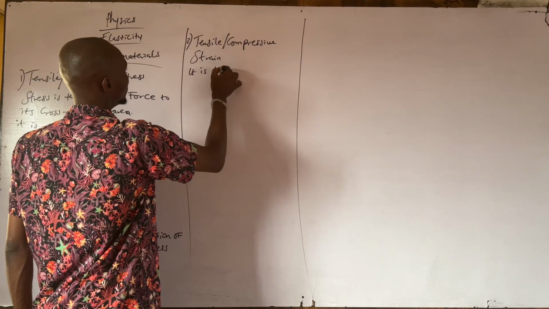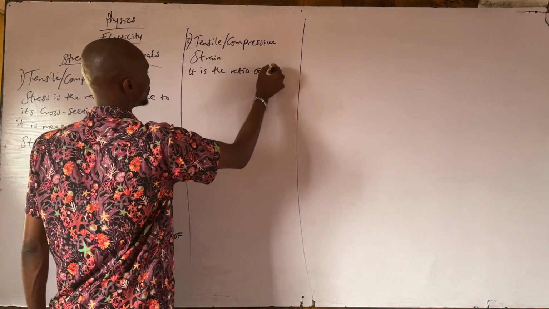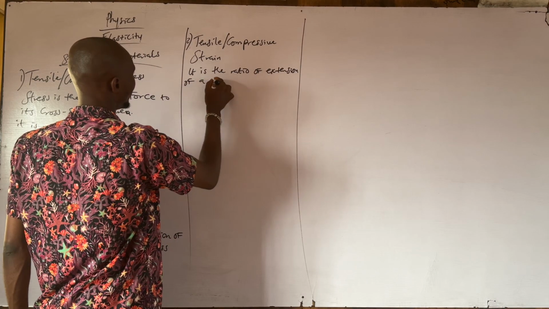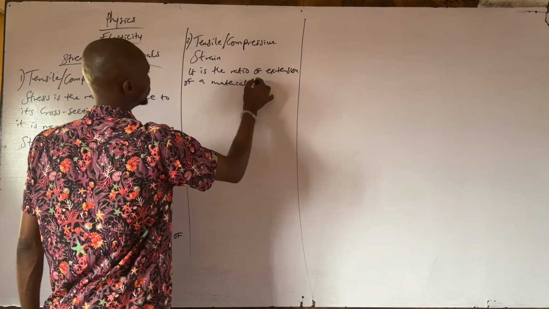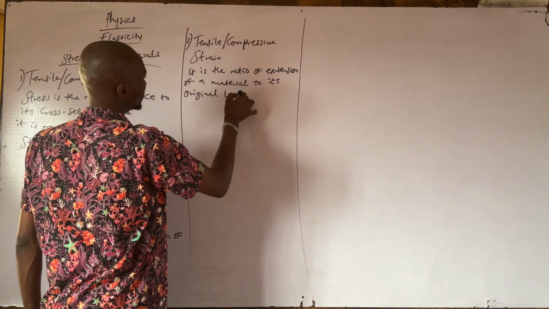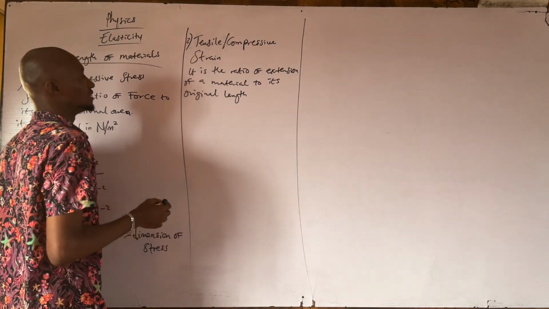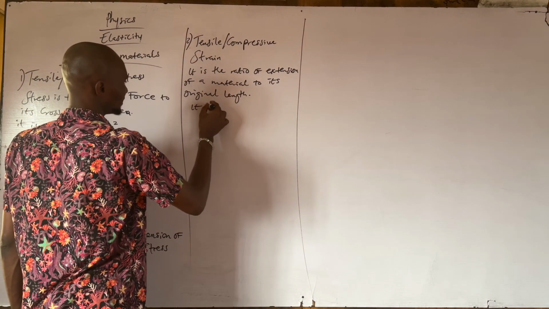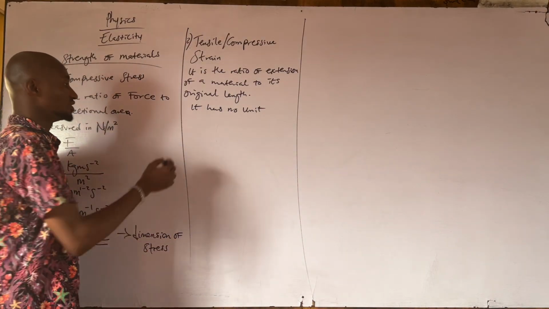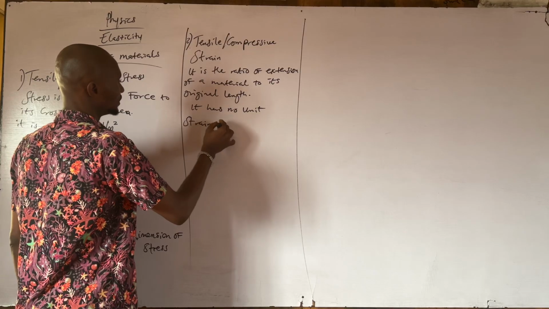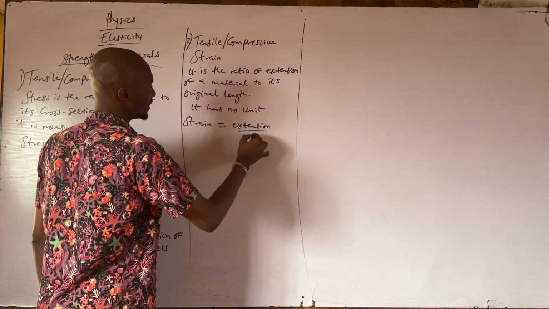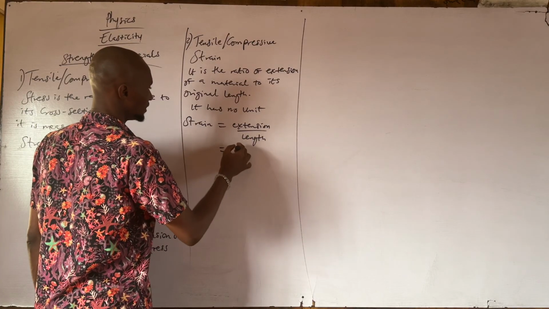It is the ratio of extension of a material to its original length. It has no unit. So strain is equal to extension over length, E over L.